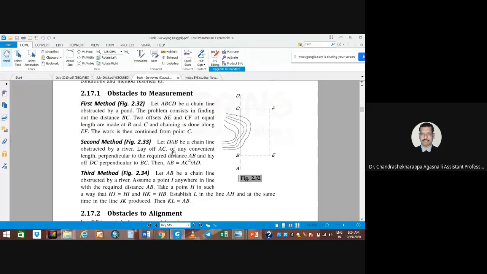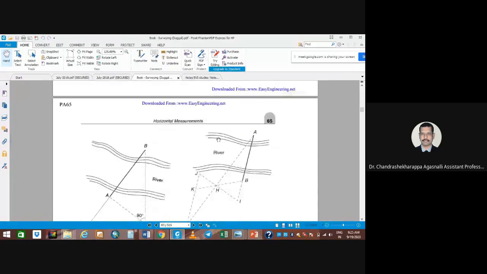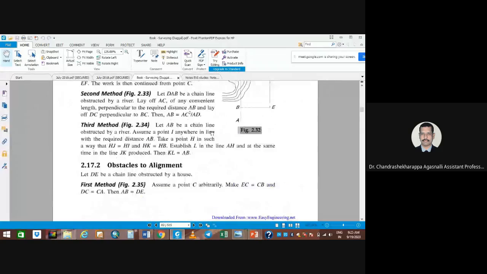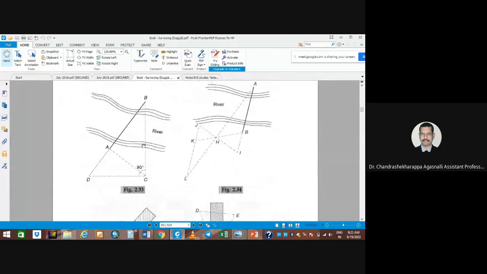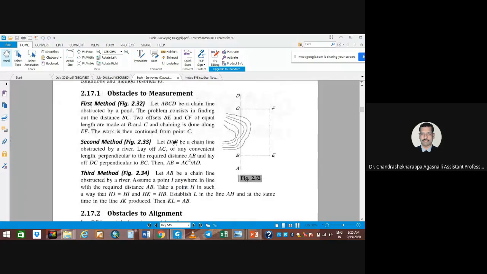That's it. The second method: let DAB be the chain line with an obstacle, a river. Lay off AC of any convenient length perpendicular to the required distance AB. These are all the obstacles.